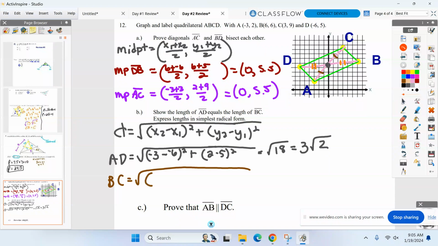BC. Hopefully when you plug it in, your calculator's giving you 3 radical 2 too.